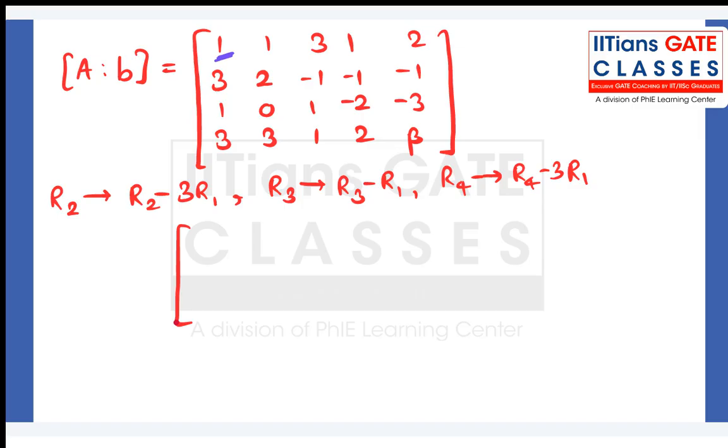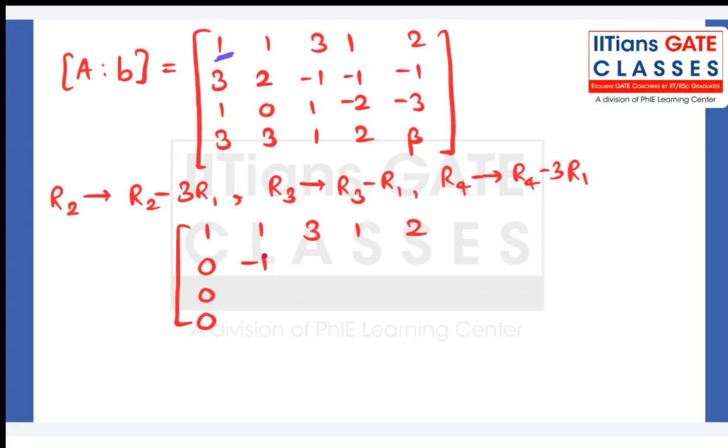The first row doesn't change because we are not doing anything to it, so it will remain as it is. Then these all 3 elements will become 0 because that's what we are doing by these transformations. Then the other elements you have to change. Go row by row, that will be helpful. So 2 minus 3 will be minus 1.